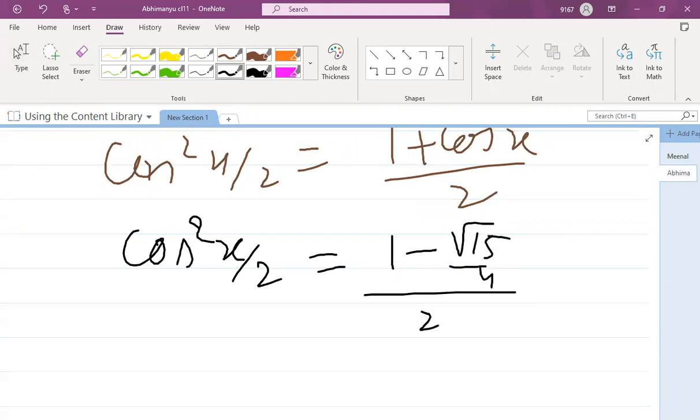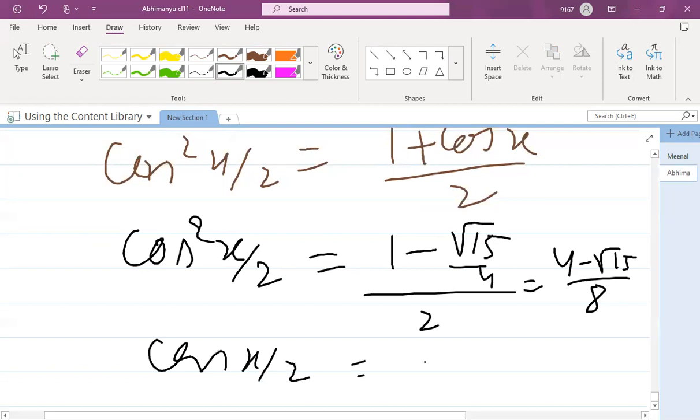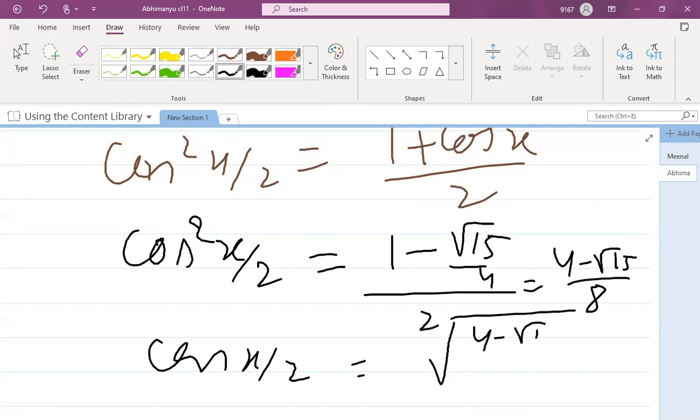So this will be 4 minus root 15 upon 8. So cos x by 2 is root over 4 minus root 15 upon 8. No negative values because all the values will lie in the first quadrant only.